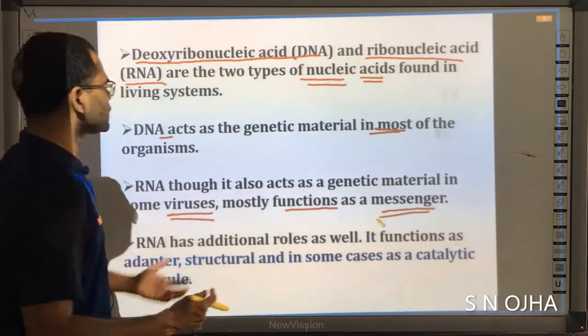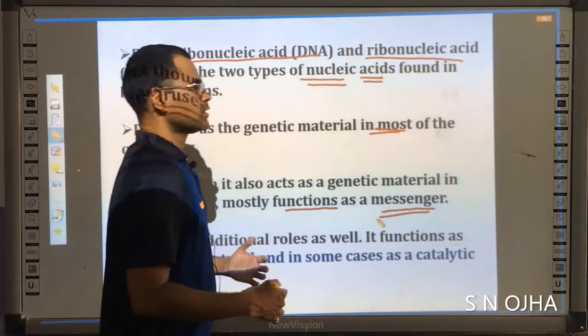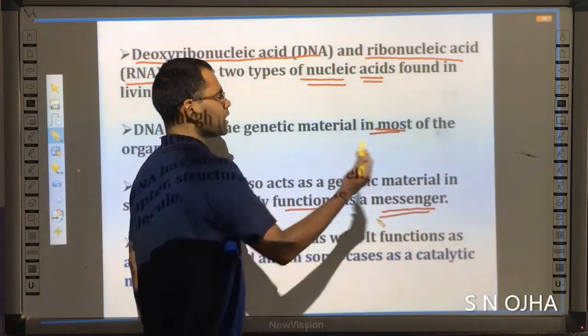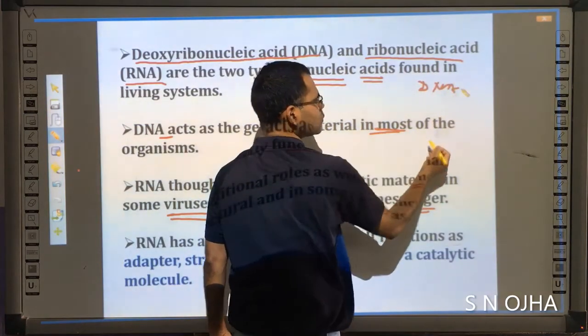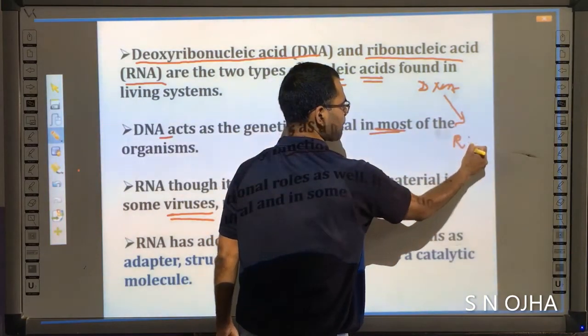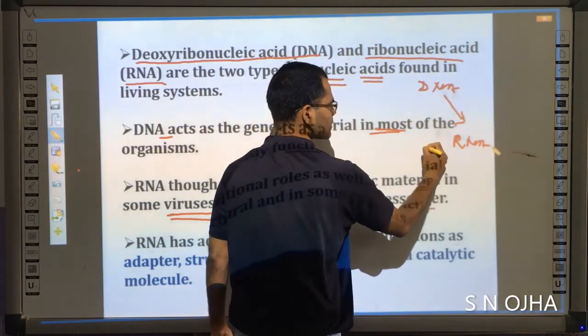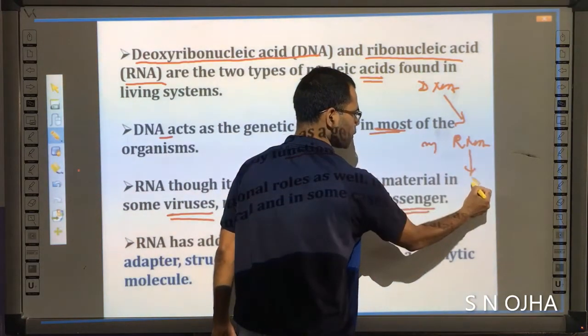If you talk about the messaging system and how it all happens, it is DNA in eukaryotes. This DNA codes for RNA, also famously called mRNA, and this RNA again codes for protein.